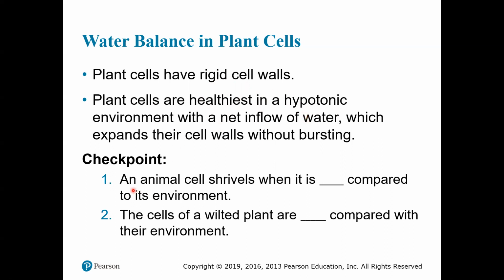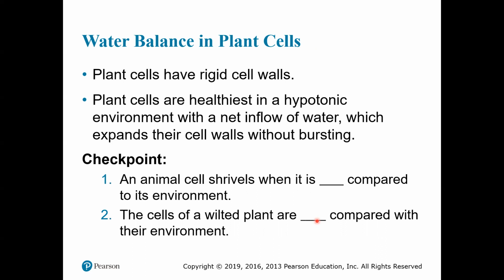All right, so with the first one, it says an animal cell shrivels when it is blank compared to its environment. So if it's hypertonic compared to its environment, meaning it has more solutes, then it will shrivel because the water will move to the hypertonic environment. The cells of a wilted plant are isotonic compared to the environment because they're limp, they're going flaccid.